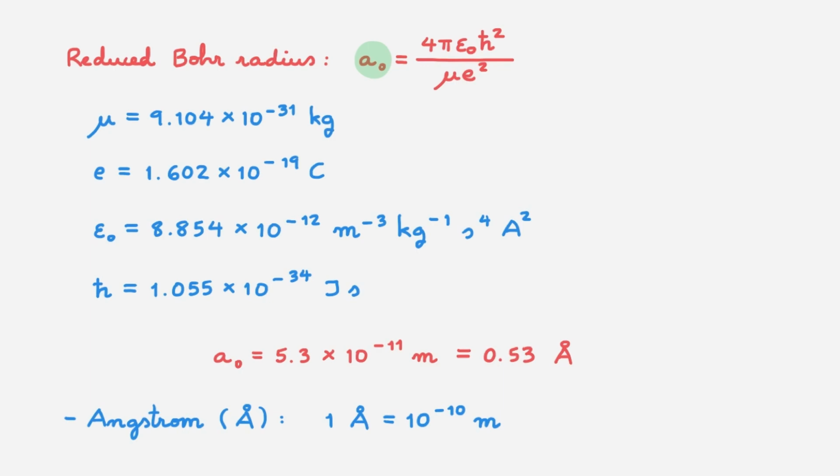Right, so that is the typical size of the hydrogen atom. While atomic sizes vary depending on the element, they are often compared to the size of the hydrogen atom and therefore described in terms of the Bohr radius. And for this reason, this is a good number to remember as you continue in your study of atomic physics, chemistry, and material science.